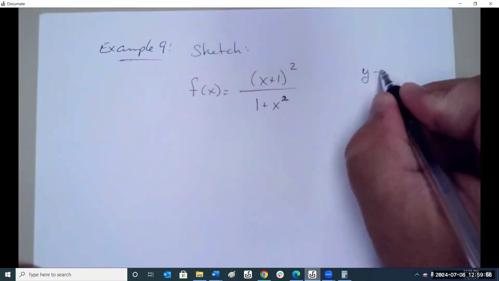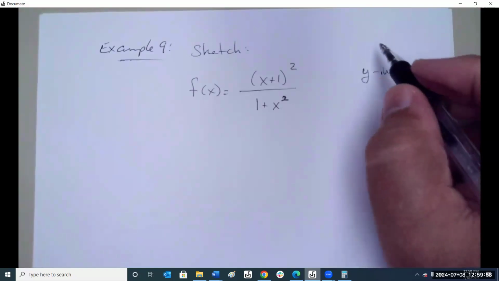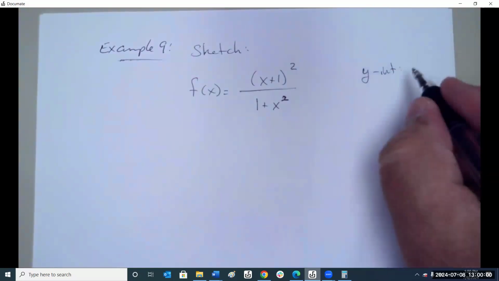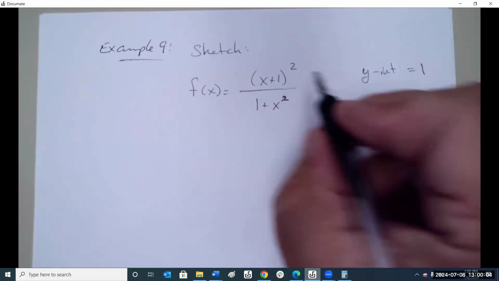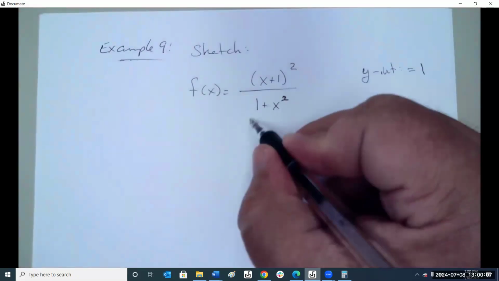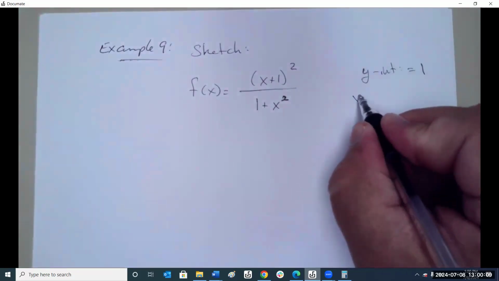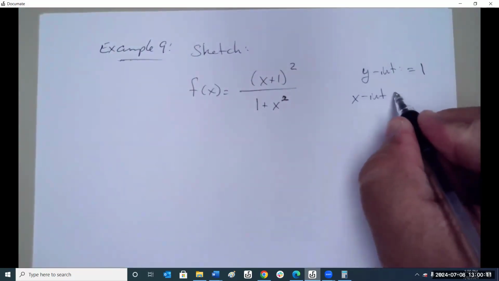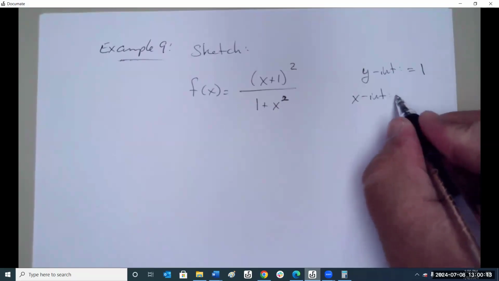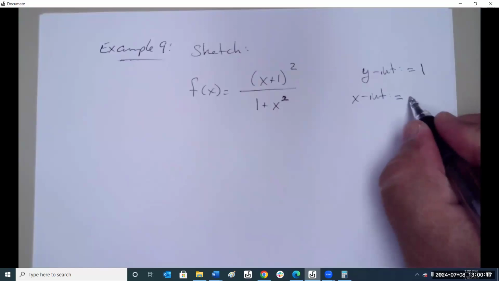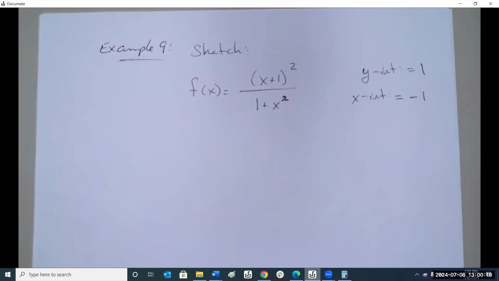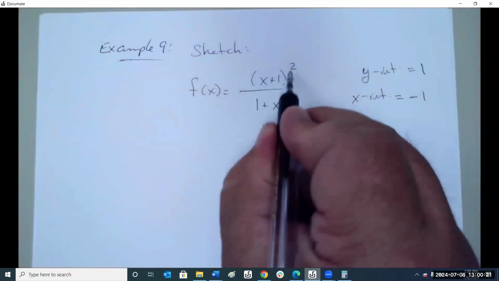All right, so the y-intercept here is 1, because if we set x equal to 0, we get 1 over 1. The x-intercept equals -1, because that's the only thing that makes the top equal 0.